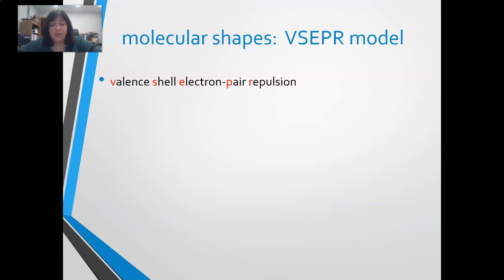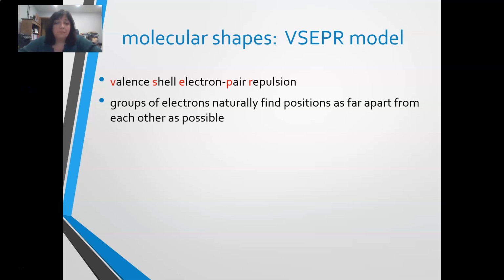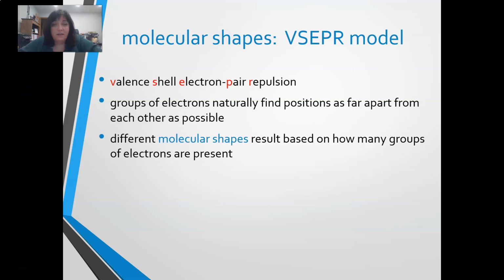VSEPR stands for valence shell electron pair repulsion. The idea is that electrons are going to repel each other because they're all negatively charged. So when things start to bond, orbitals are going to try and be as far apart from each other as possible. That includes lone pairs and bonding orbitals. That's the big idea behind VSEPR theory.